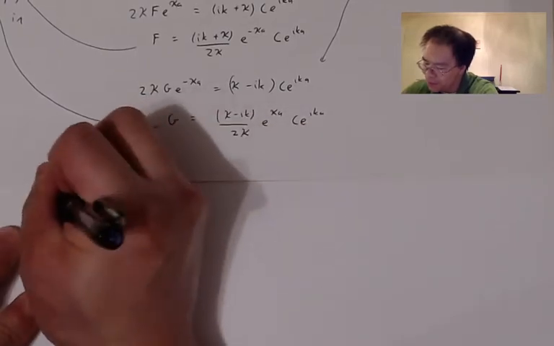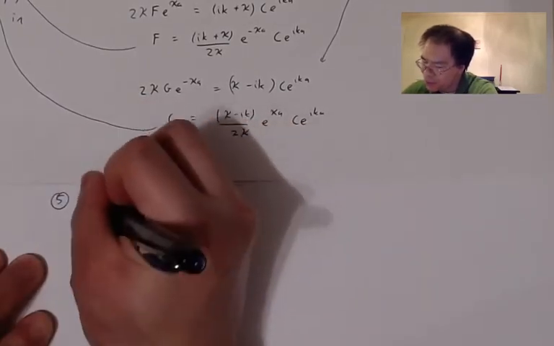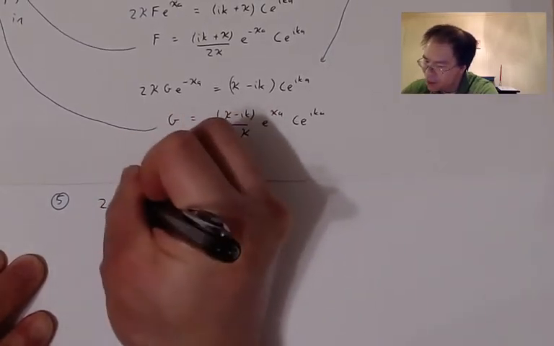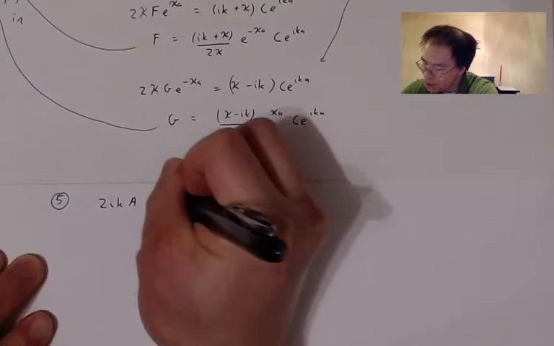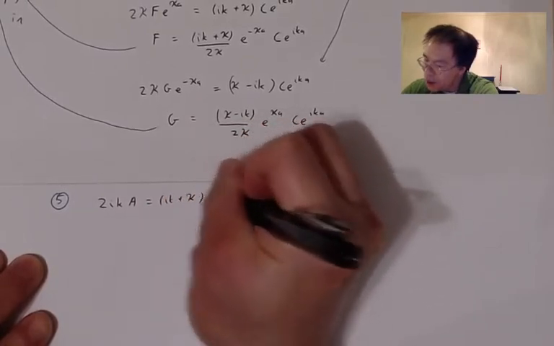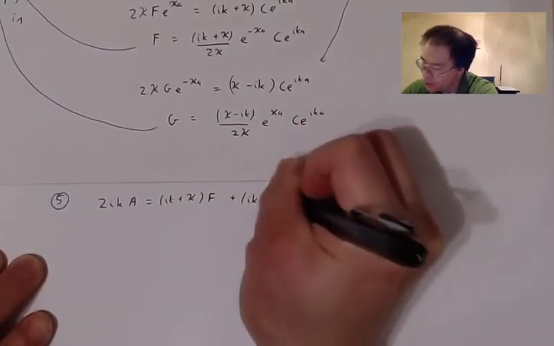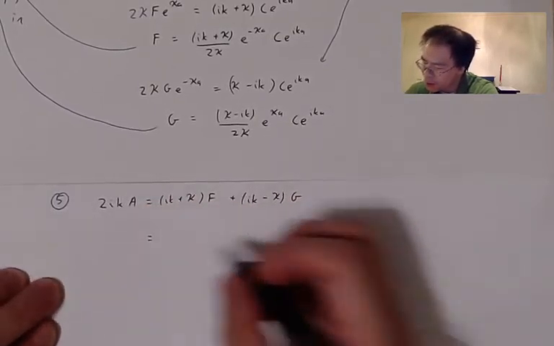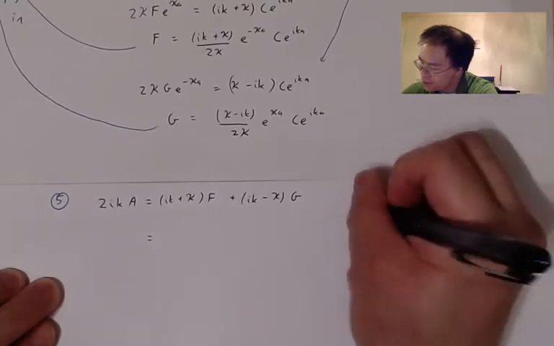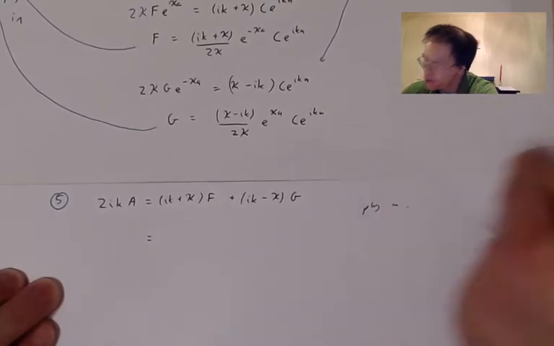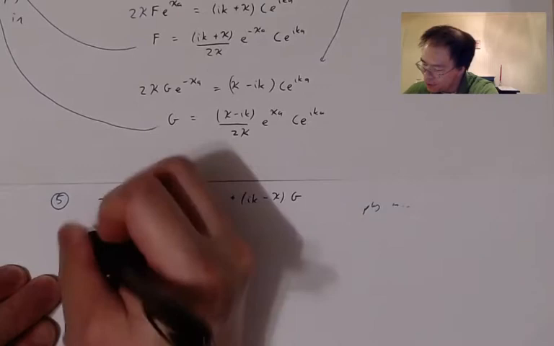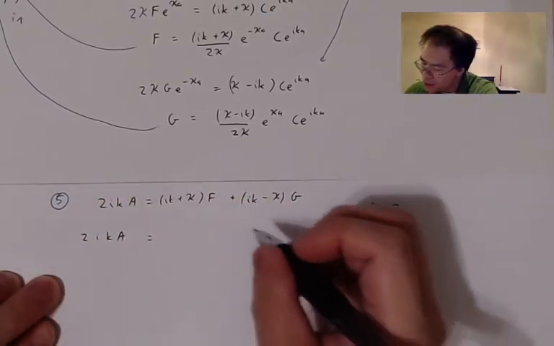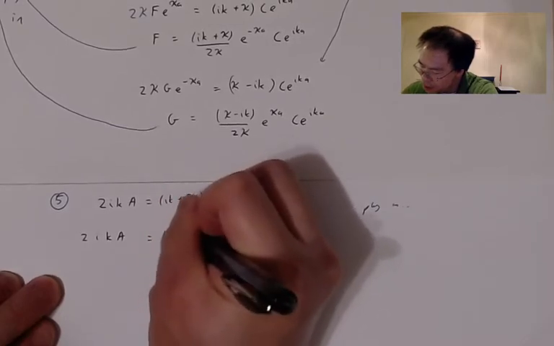So 5 recopied gives me 2 ik a equals ik plus kappa f plus ik minus kappa g. So plugging in, this gives me 2 ik a equals ik plus kappa.